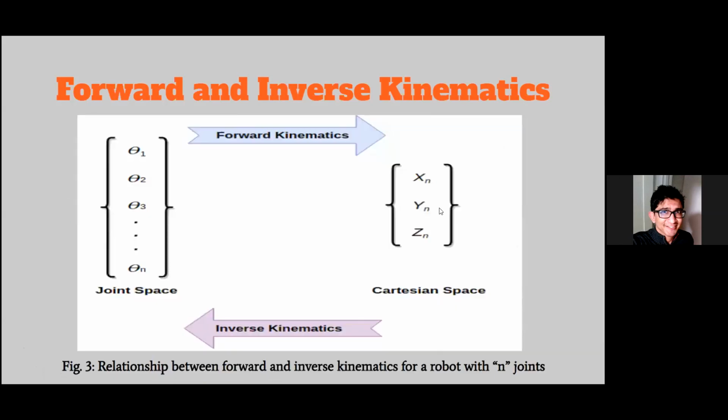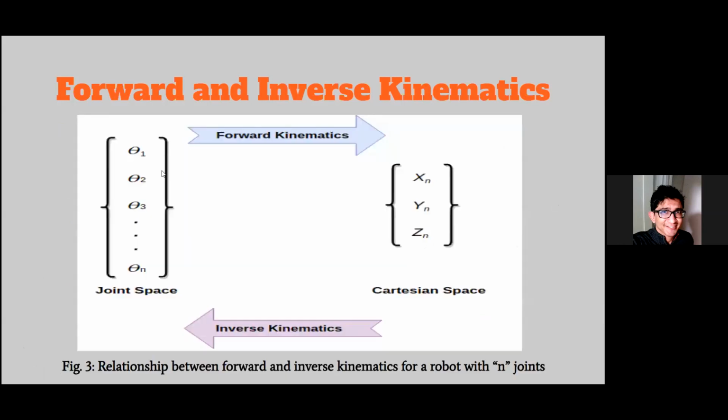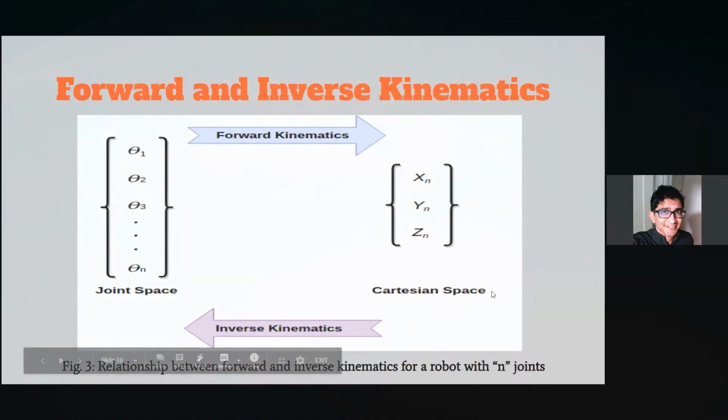And your x, y, and z are basically the coordinates of your end effector, which is basically this. So your forward kinematics basically transforms this given data into this, and your inverse kinematics transforms this given data into this.